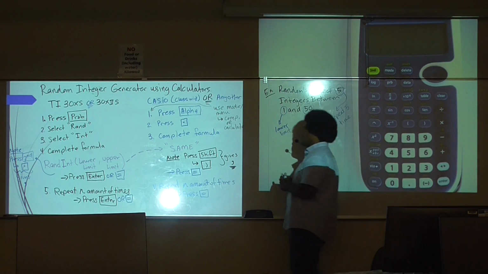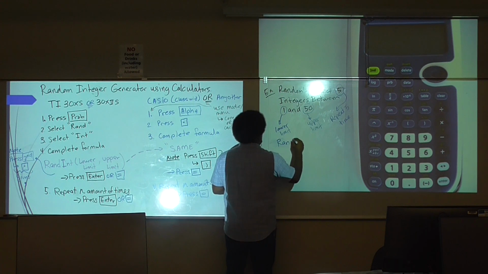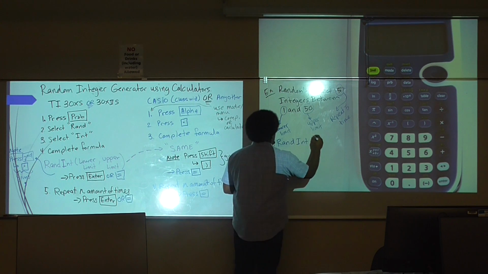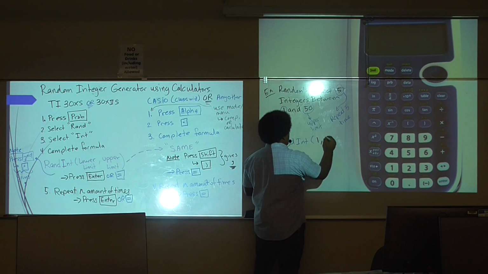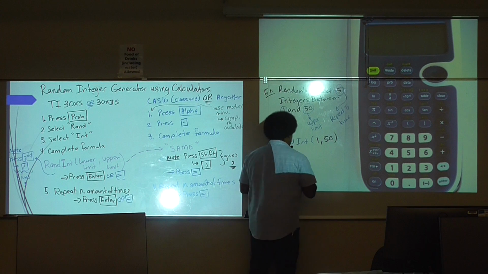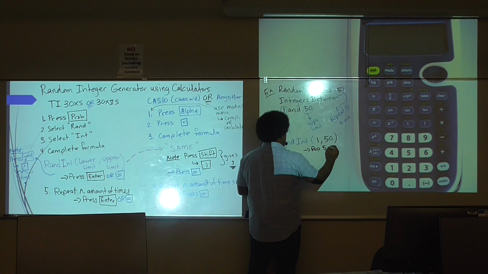So when we put it into the formula, it'd be ran int, in parentheses, and inside here we're putting the 1 and the 50, those in parentheses, and after that we're going to repeat, or I should say do, 5 times.